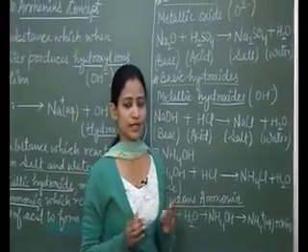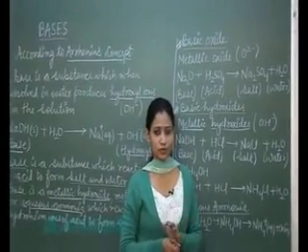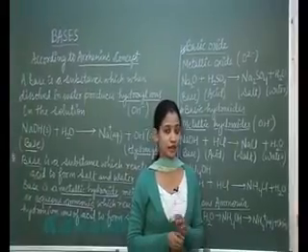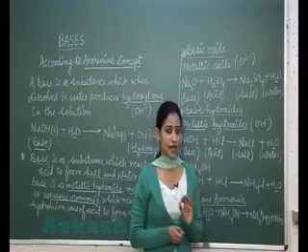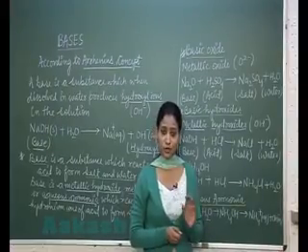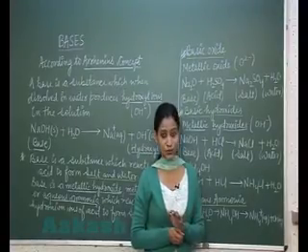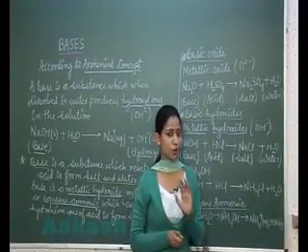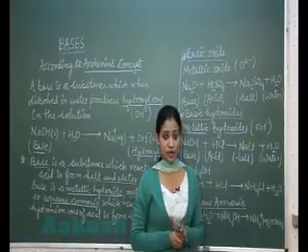I hope students these definitions of the base are clear to you. There is one more terminology which is known as alkali. Alkali is different from the base in the sense that alkalis are actually soluble bases. These are the soluble bases which furnish hydroxyl ions in the solution. So we can say that all alkalis are bases, but all bases are not alkalis.